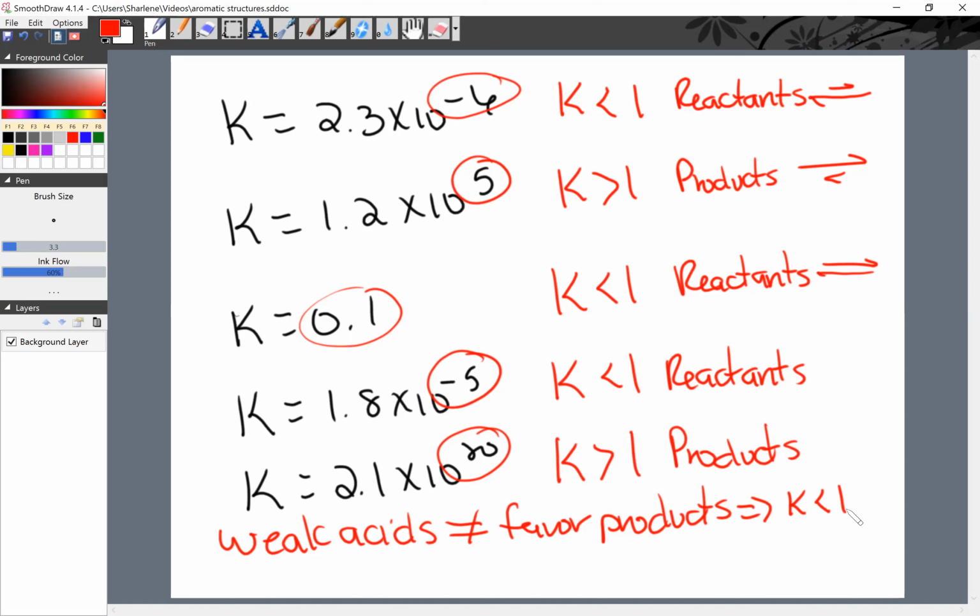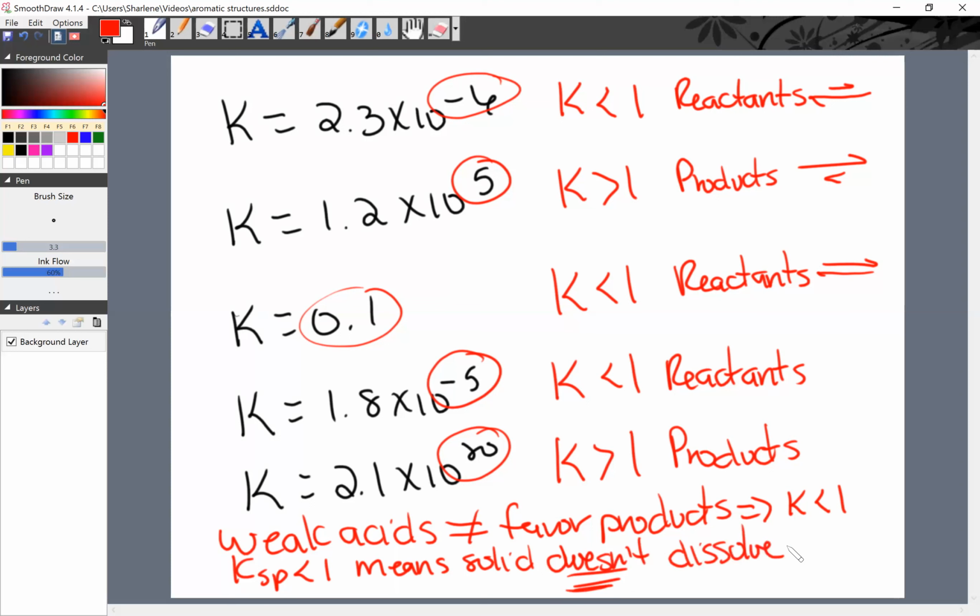If you look over on the other page at your KSPs, all of those are smaller than 1. And in fact, there's some that are crazy small, which means they are insoluble solids. So KSP less than 1 means that the solid doesn't want to dissolve.